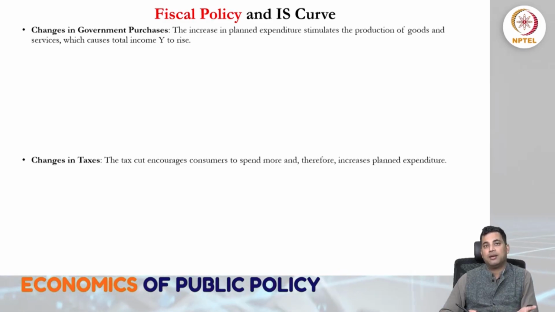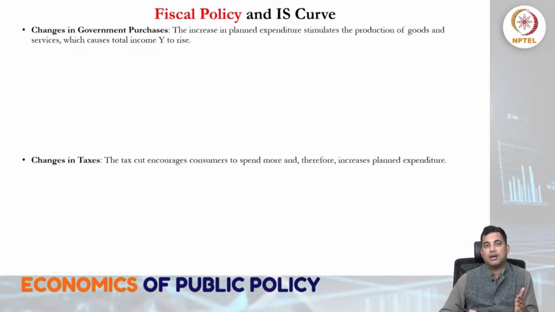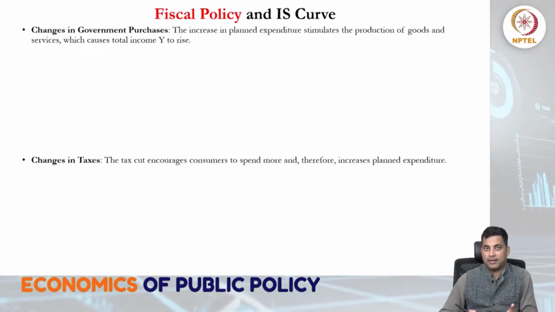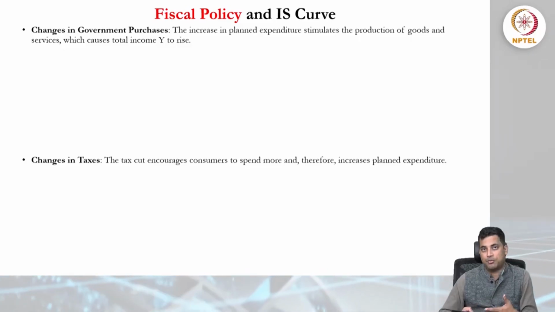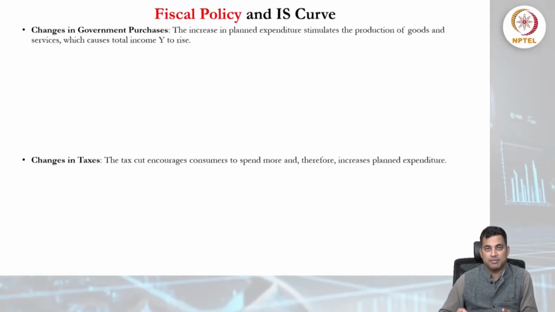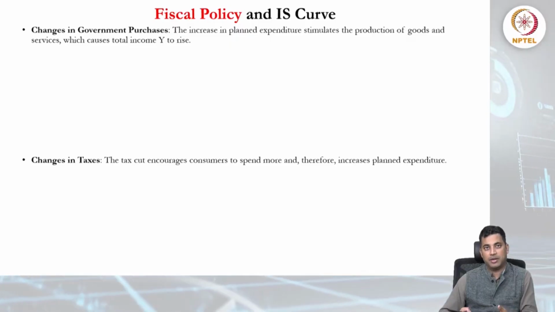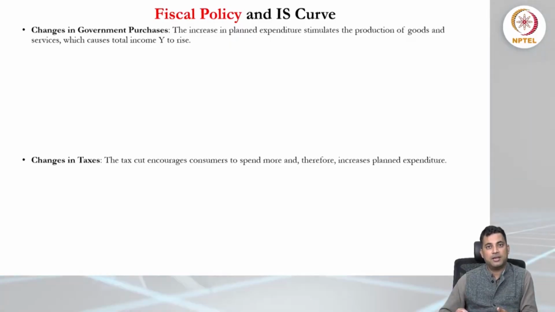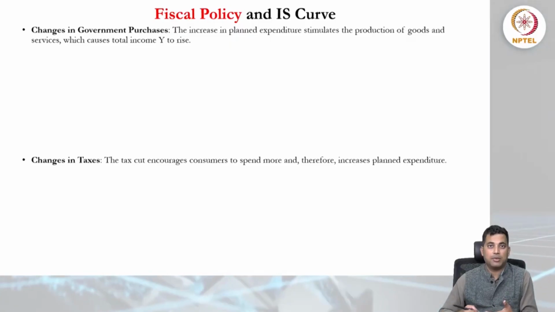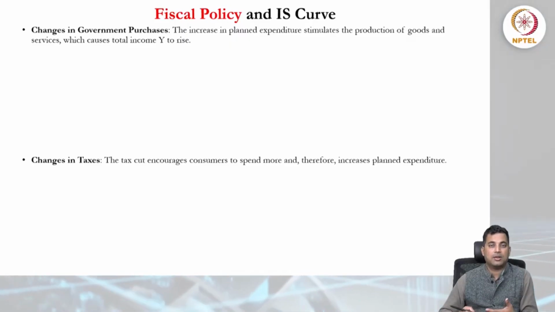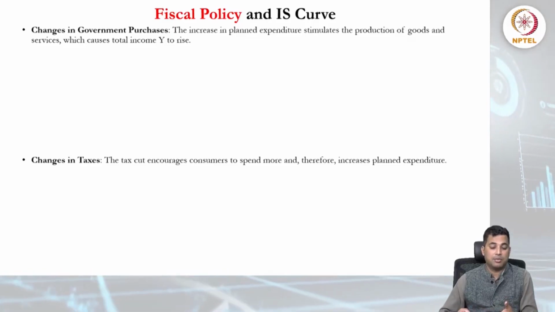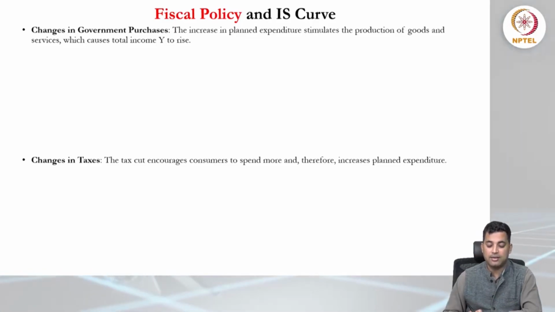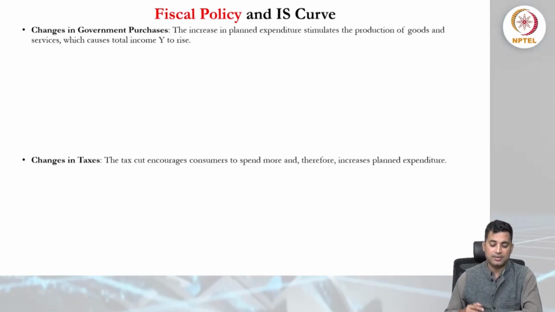Tax works through consumption, because disposable income includes tax. The relationship between tax and total output is negative, because if tax increases, disposable income is reduced, so consumption after tax will be reduced. That is how we can think of fiscal policy and its relations.